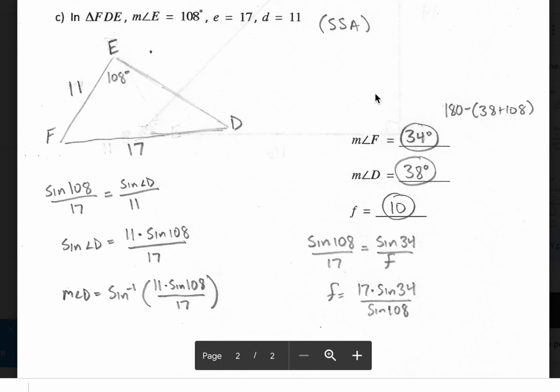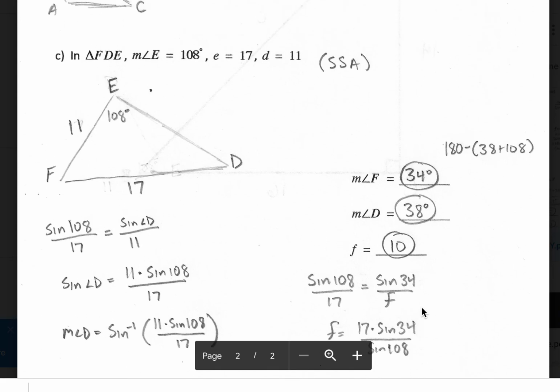I solved for angle D. Maybe you solved for angle F first and then did similar steps to solve for angle D. That's okay. As long as we have the same answer, you could be certain that your steps were probably accurate. And then lastly, to solve for side F, here's my work shown there, and we get about 10.